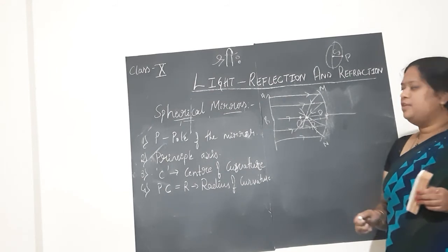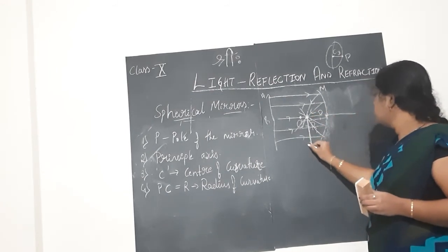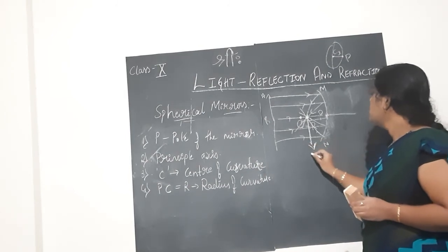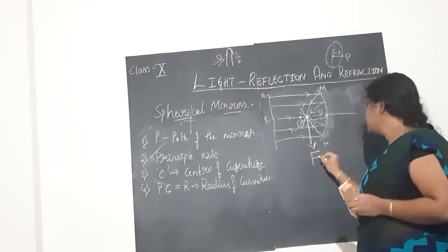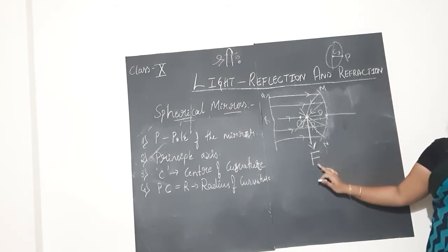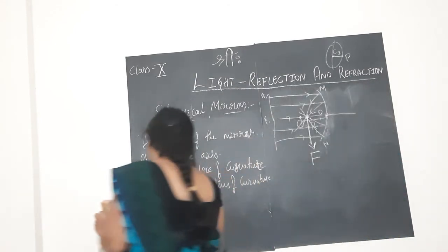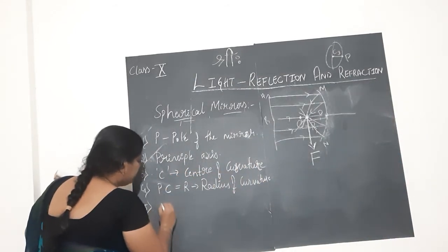So children, this point of intersection of all the reflected rays, where the image of the object is formed, is represented by capital letter F, called the principal focus.